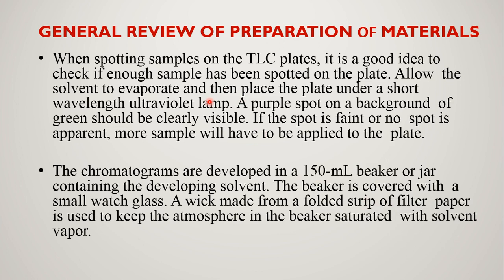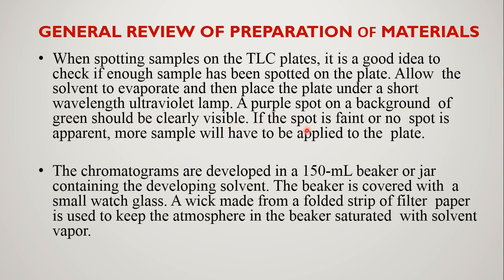So how we measure or how we observe that the sufficient amount of sample is spotted over TLC plate if that sample is colorless in nature. So in this case we use generally ultraviolet lamps, and we put our sample spot over TLC plate and dry this spot and put it inside this ultraviolet lamp, and see the purple spot on a background of green should be clearly visible.